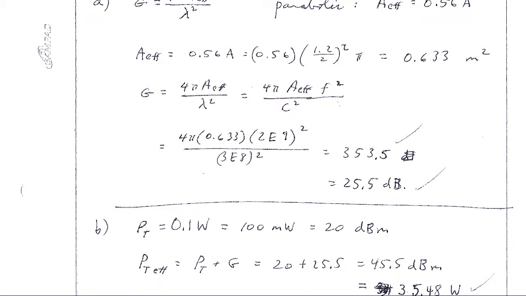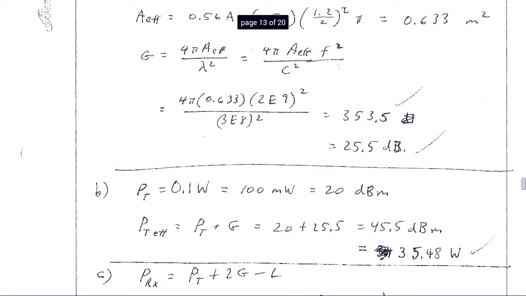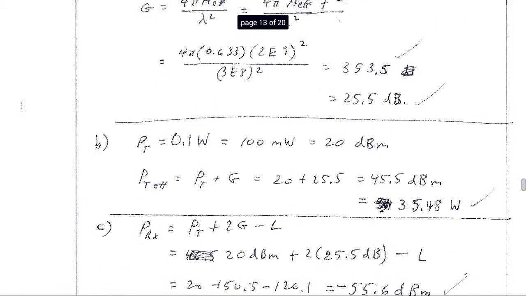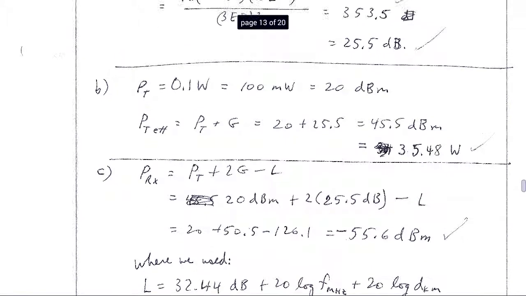So if you are standing there watching this source in the direction that the dish is pointing, if you were to interpret that as the power coming from an isotropic source, you would have to say that that isotropic source had 35 watts of power coming out. Okay? So it looks like that if you interpreted it as an isotropic source.